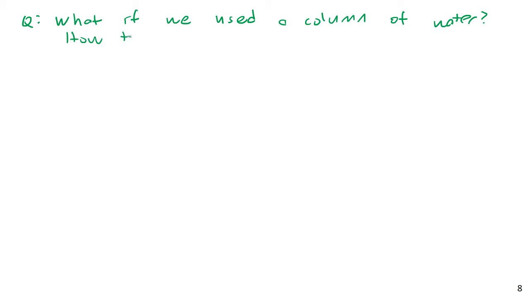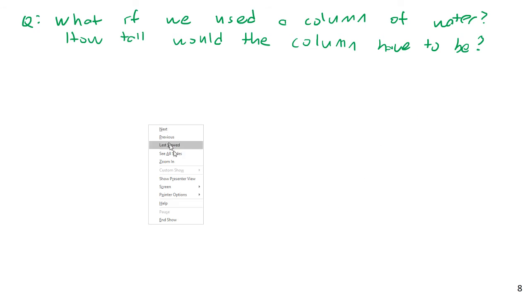Then I have one other fun question. What if we used something other than mercury? What if we used a column of, say, water? How tall would the column have to be?